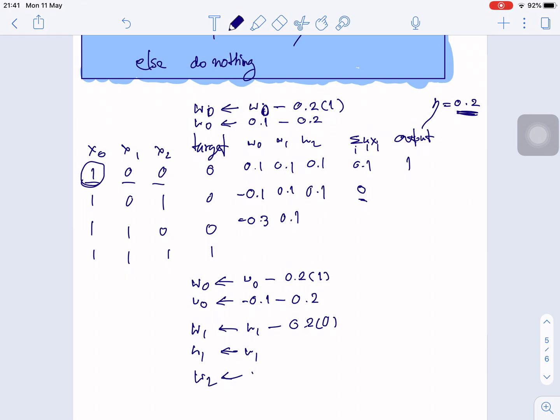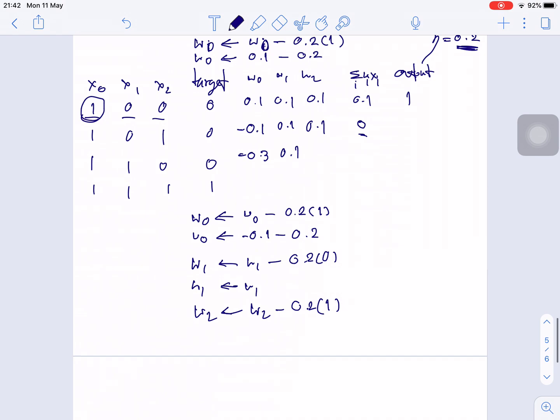W2 is W2 minus 0.2 times x2. In this case, x2 is 1, so W2 will be 0.1 minus 0.2, so it will be minus 0.1.